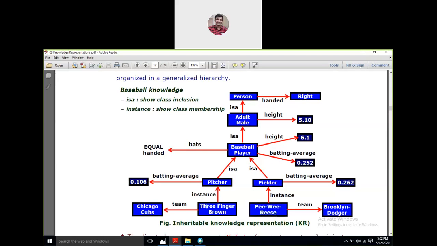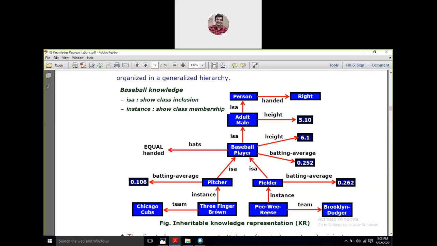They are players, right? Three Finger Brown is a player. PV Reese is also a player. He belongs to the 19th century, and the other is from the 20th century, right? So PV Reese is also a player. So I'm talking about the class object.